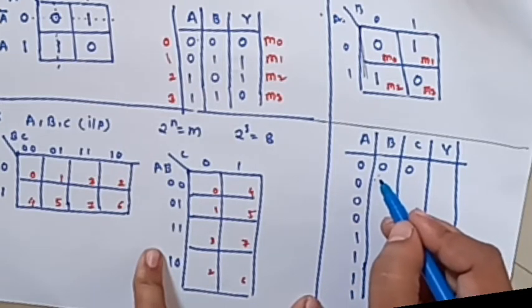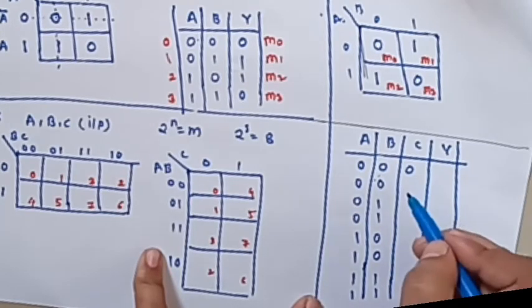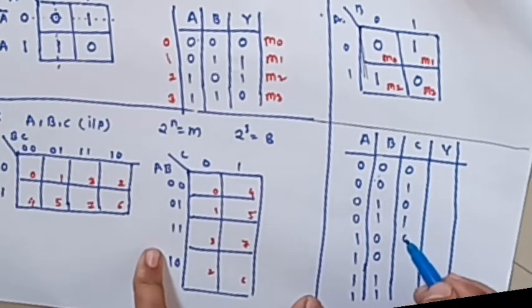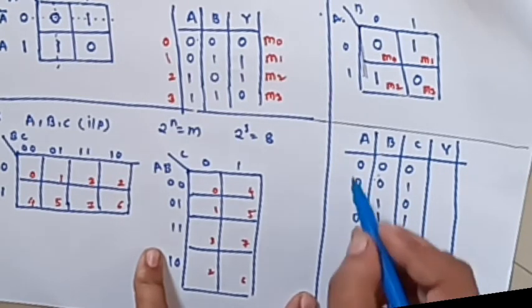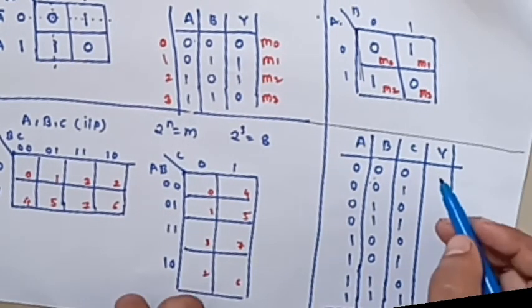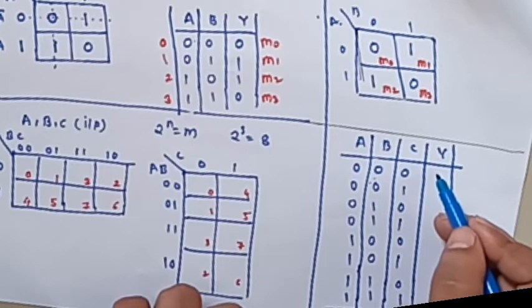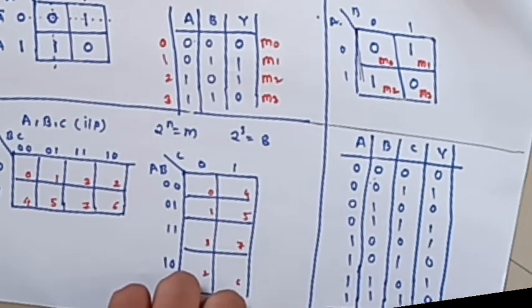The next column sequence is 0, 0, 1, 1, 0, 0, 1, 1. Then 0, 1, 0, 1, 0, 1, 0, 1. In this way you can write these input combinations. Here, for the decimal values, first we will write the output: 0, 1, 0, 1, 1, 0, 1, 0.